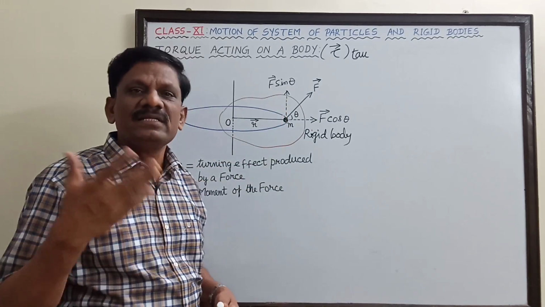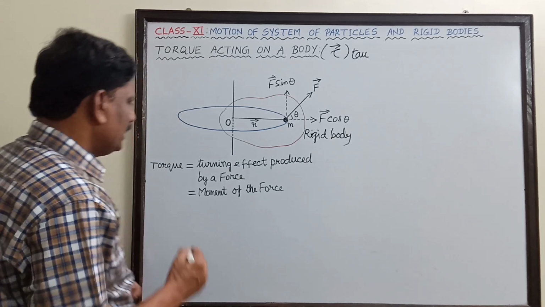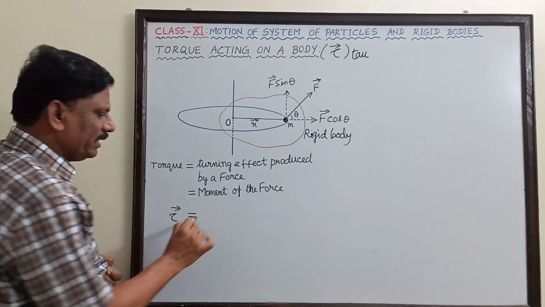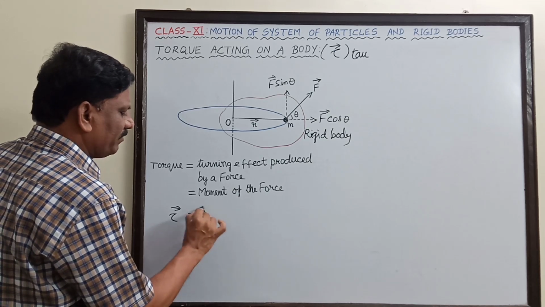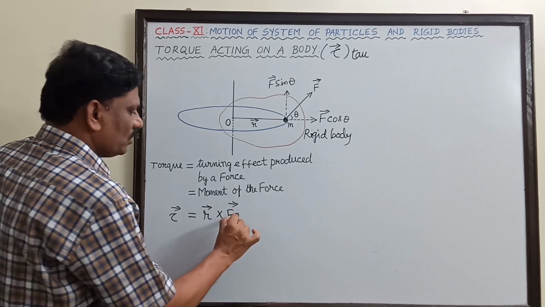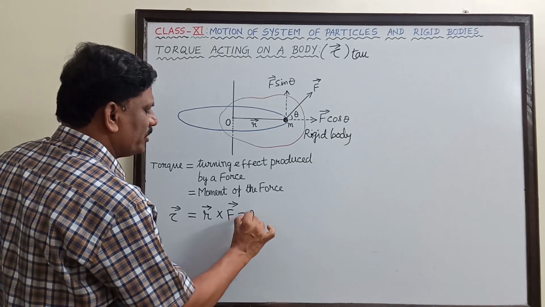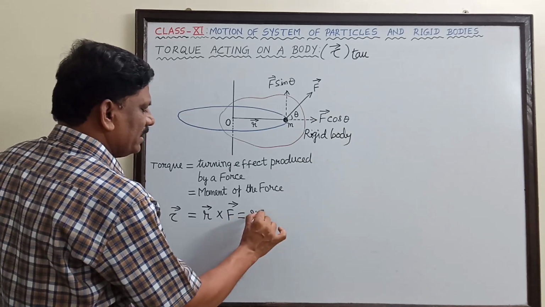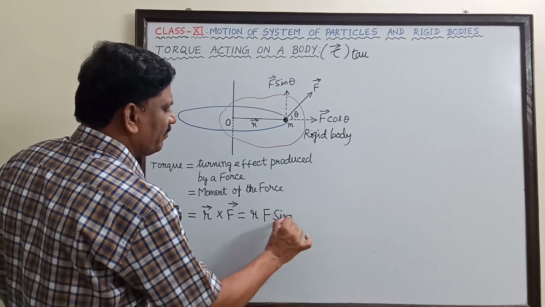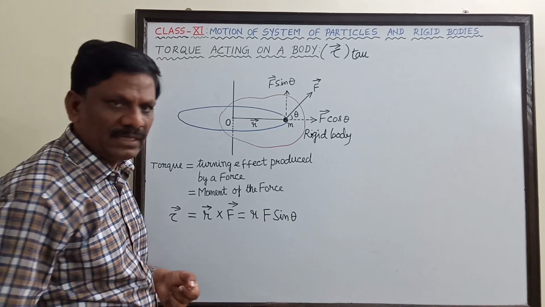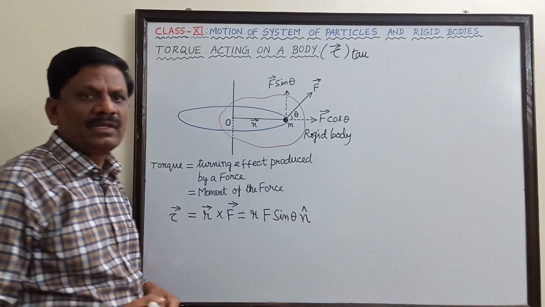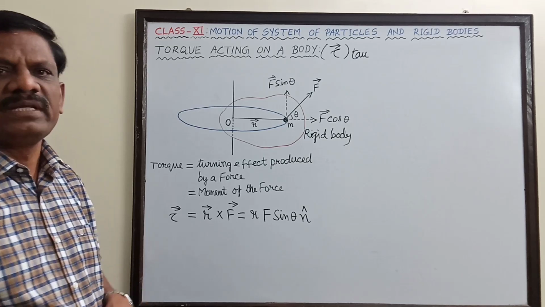Understand? The torque vector is found to be the cross product of the position vector and the force vector. This is equal to the magnitude of r, the magnitude of F, and the sine of the angle between the two vectors, into the unit vector n cap along the direction of rotation.